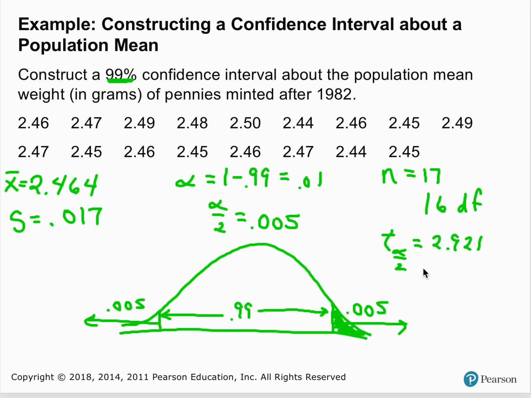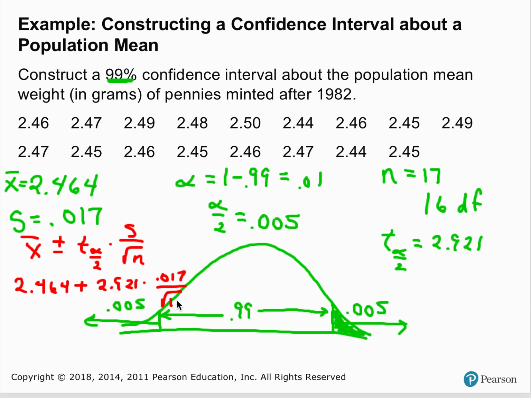Okay, so now we're just going to plug into that formula that we had, which the formula, right, is X bar plus or minus T sub alpha over 2 times S over the square root of N. All right, so X bar, so we have 2.464 plus 2.921 times 0.017 over the square root of 17.